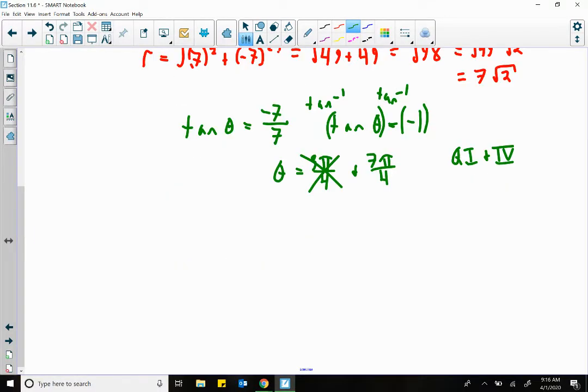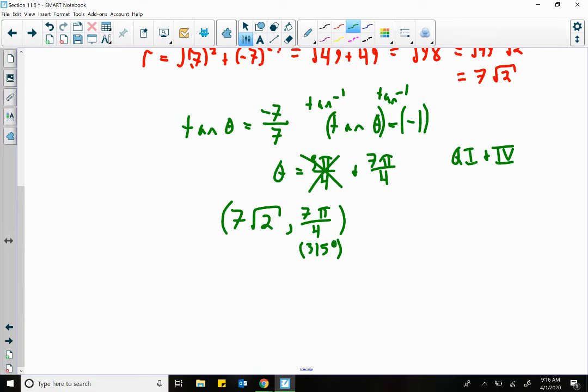Our final solution for this is 7 square roots of 2, comma, 7 pi over 4. Or if they want this in degrees, 7 pi over 4 is 315 degrees.